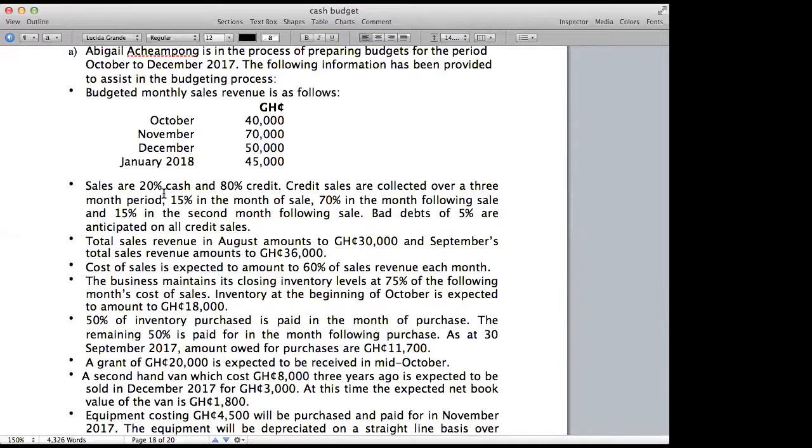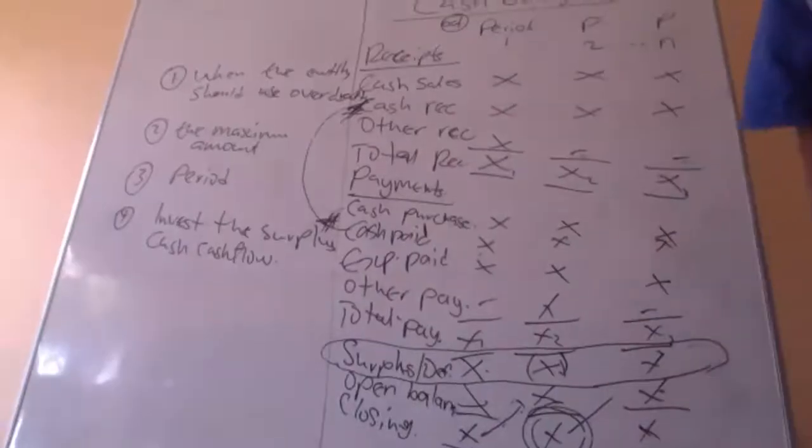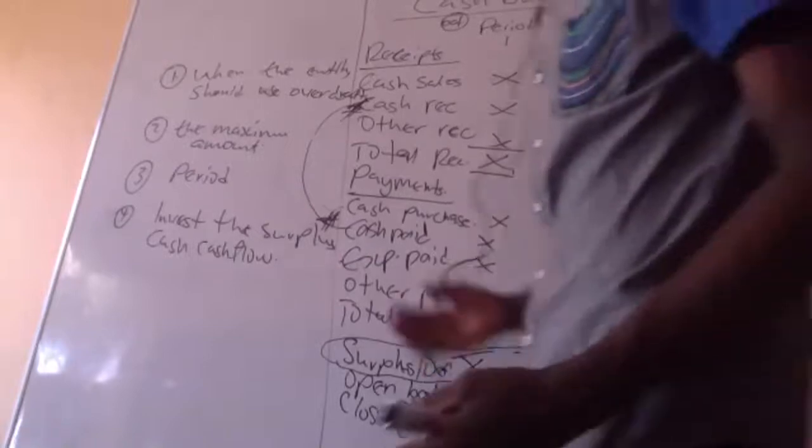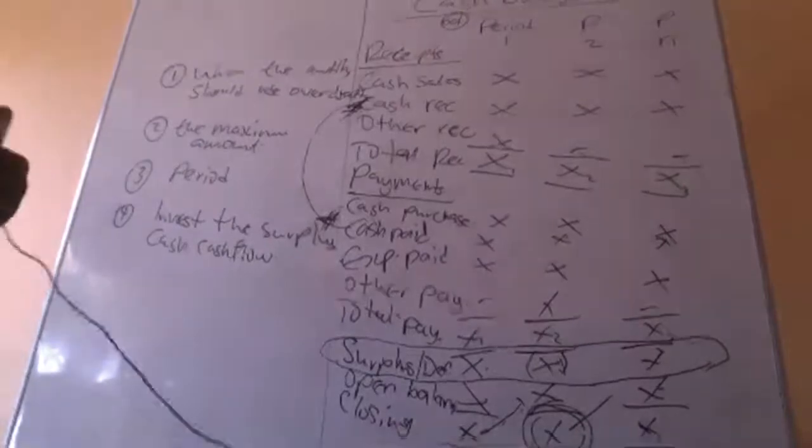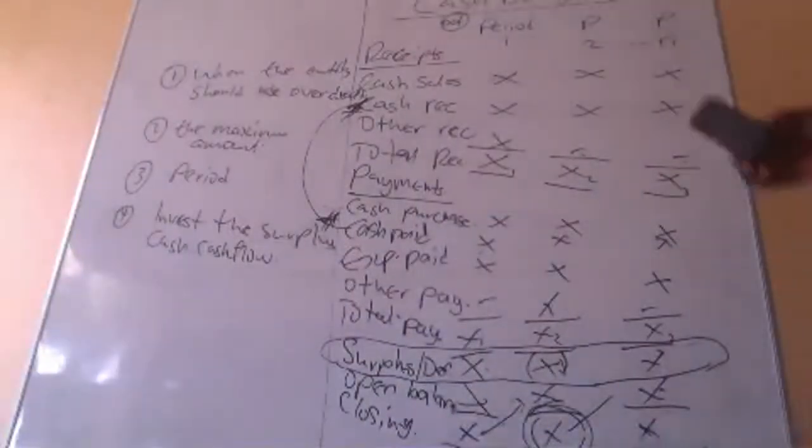Let's see something here. In fact, the idea of cash flow statement also moves in here. We have an asset, second hand, that we are going to dispose of.